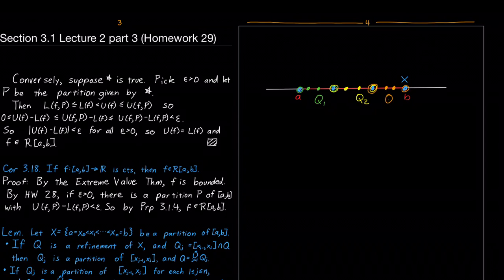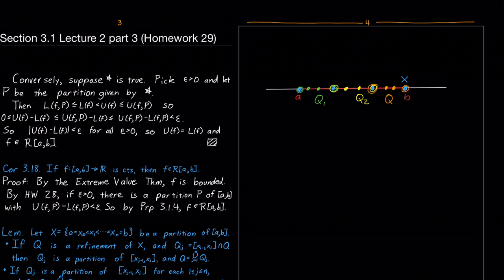So either I start with Q, which is a refinement, and then I grab Q1 and break it up into pieces Q1, Q2, Q3, or I start with Q1, Q2, Q3, I put them together, and I get one partition. We can go either way.